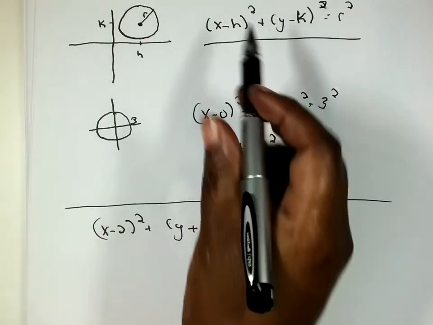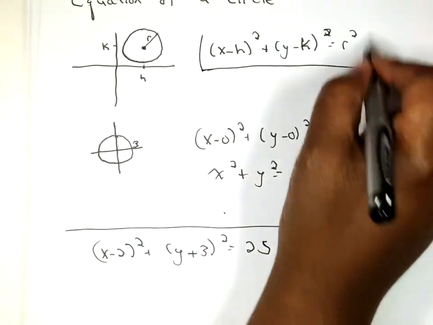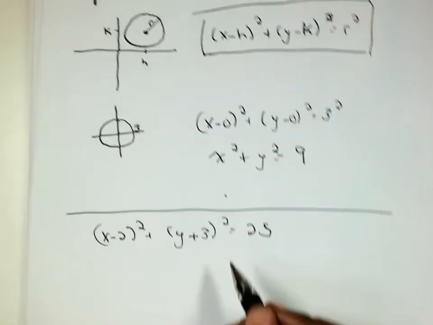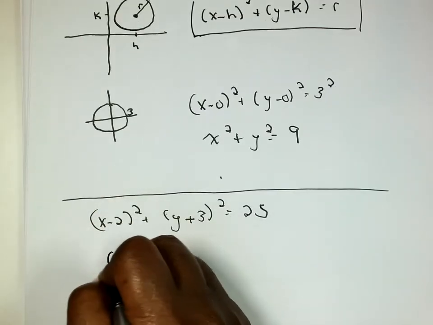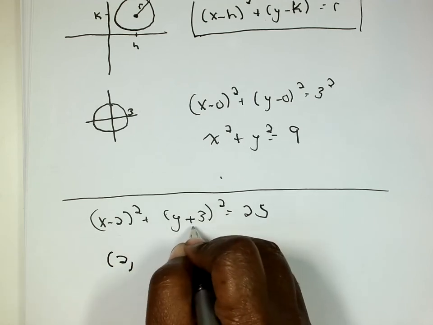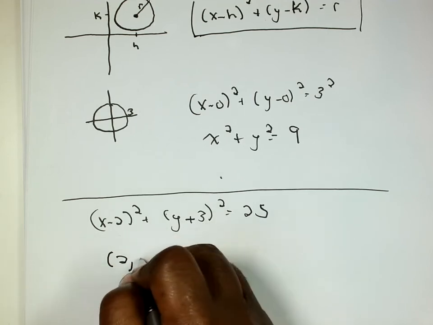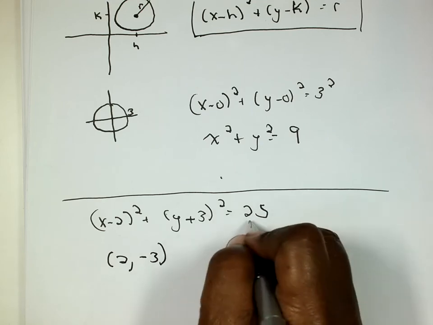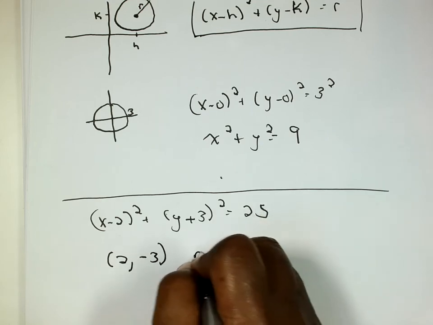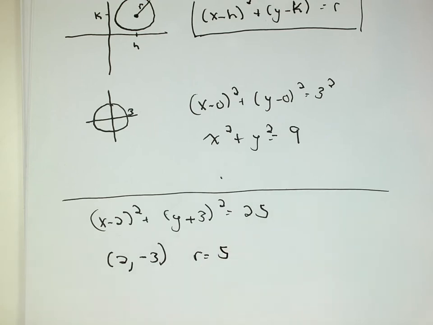Because this formula is x minus h squared and y minus k squared. So opposite of -2, we get 2. And then because this is the opposite of +3, we get -3. So the center of the circle is 2, -3. And this is the radius squared. So the radius is going to be 5 for that.